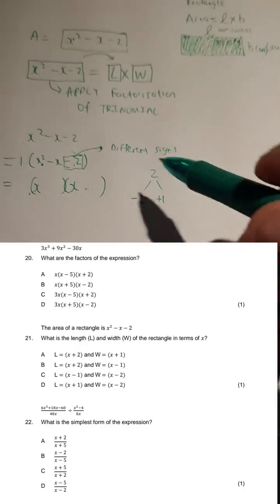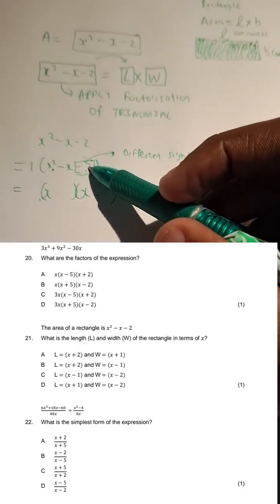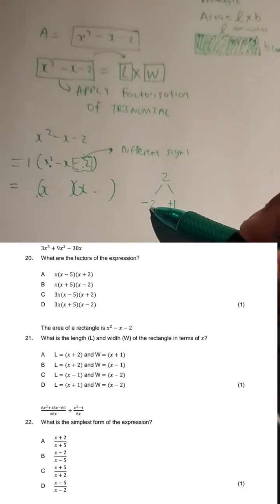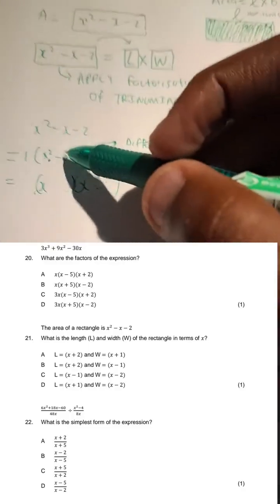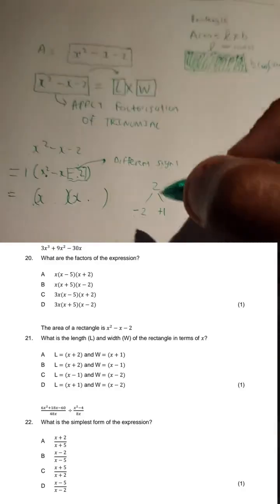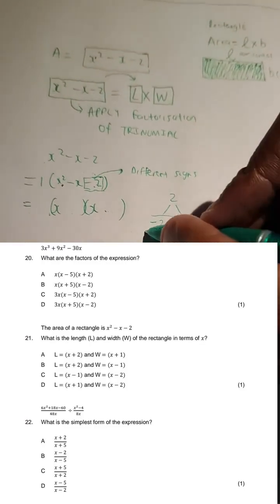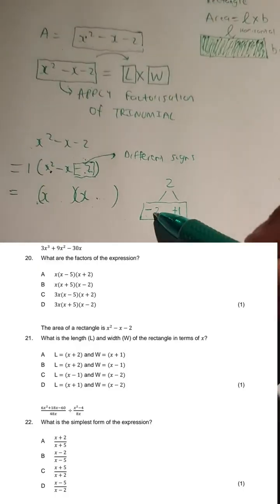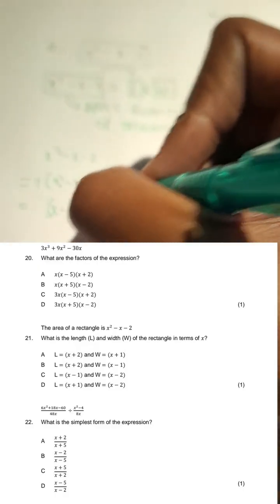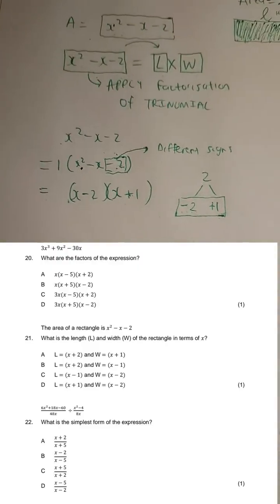Multiplying negative 2 and positive 1 does give me negative 2. Good. Adding these two together, negative 2 plus 1 gives me the coefficient of x, which is negative 1. So these factors qualify, and the signs of the factors are 100% correct. So I'm going to write minus 2 plus 1.